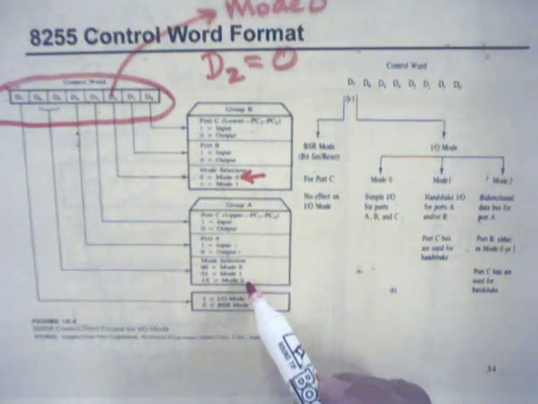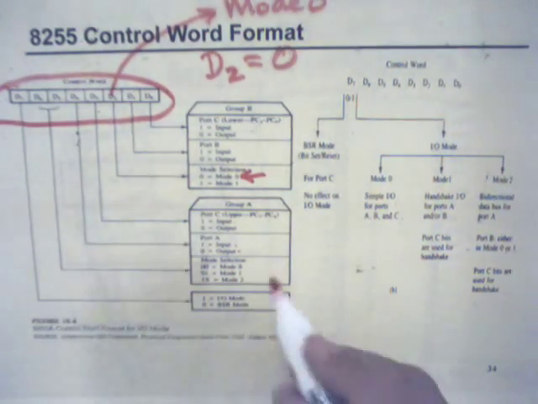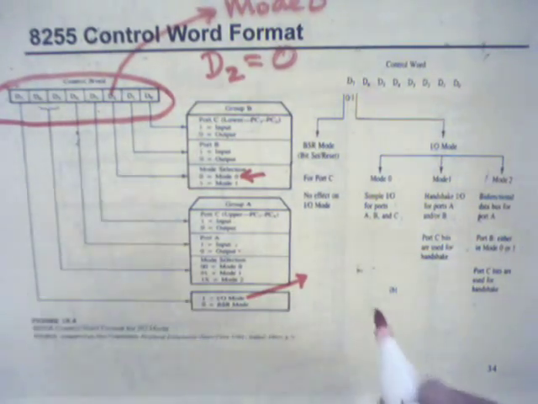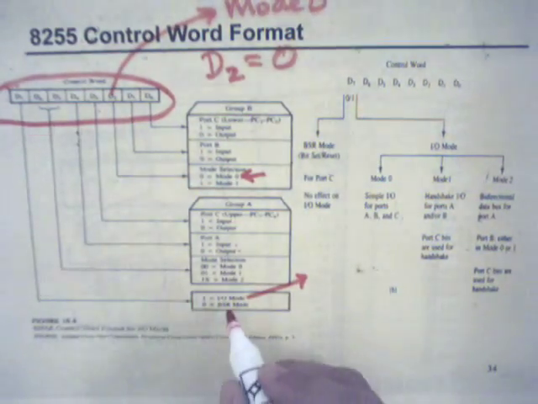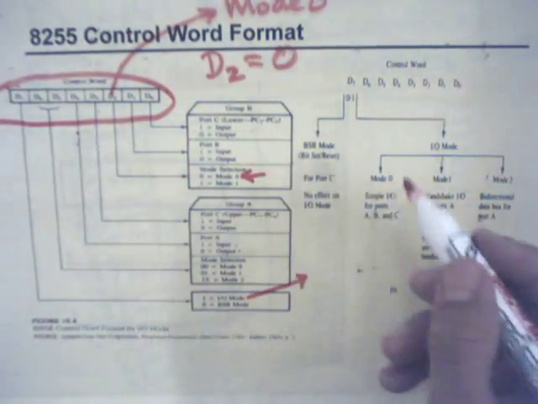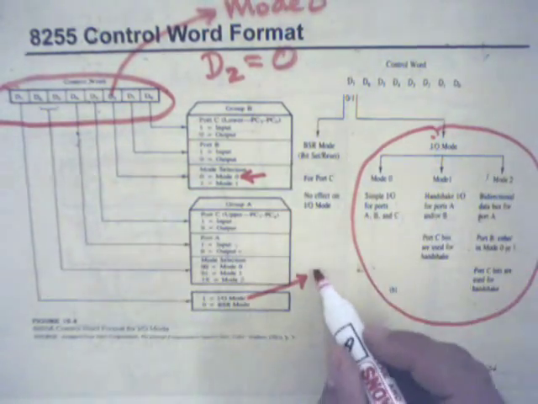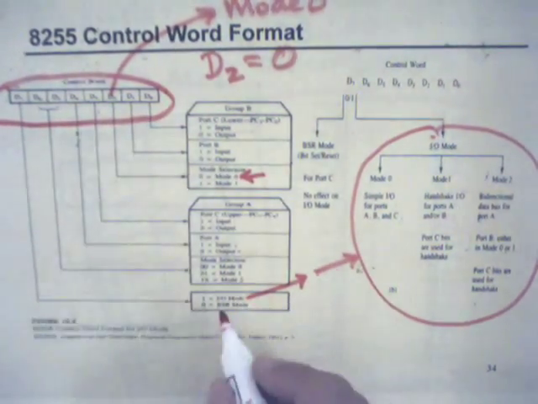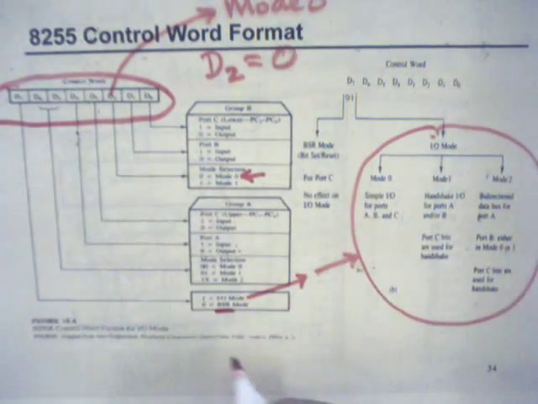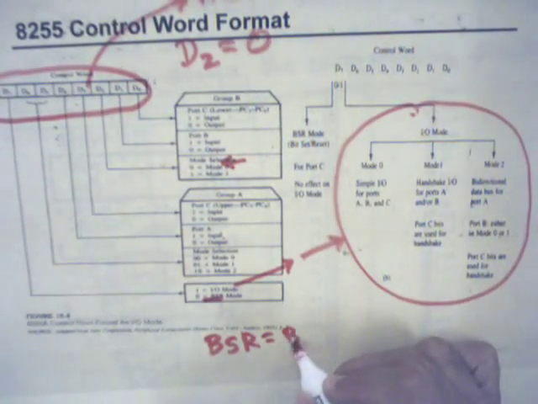And the most significant bit, D7, whenever it's 1, it's input output mode, which is the general theme of this tutoring film. So the pins are programmed as input output mode. This input output mode is explained in detail here, and the other alternative is when it's 0, it's BSR mode. BSR is bit set reset.